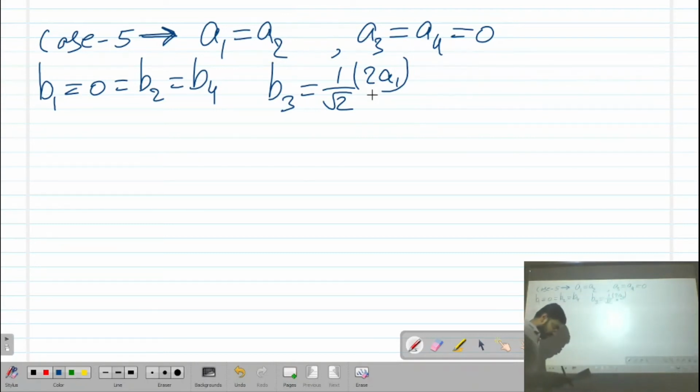We will not get the output at port 1 as we are providing the same input at port 1 and port 2.